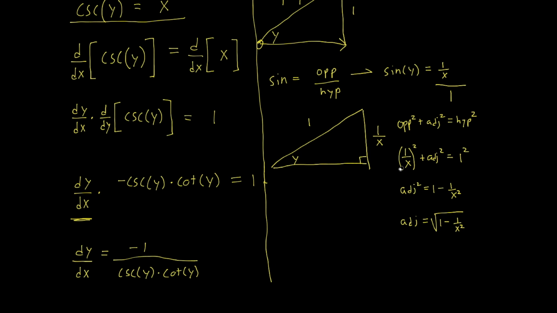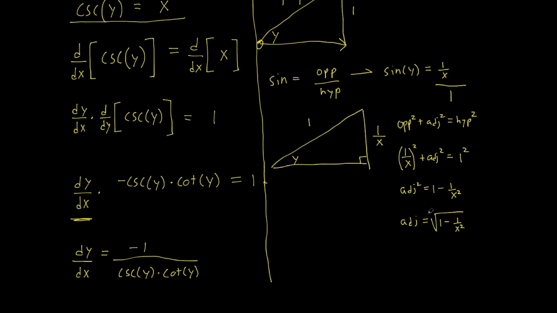And now you might be curious. It's a good time to talk about it because we were dealing with the hypotenuse question, like why is that an absolute value? Let's talk about why we are always taking the principal square root. Why is this not plus or minus? Why isn't adjacent equal to plus or minus the square root of 1 minus 1 over x squared? The reason is that we can't have a negative distance.